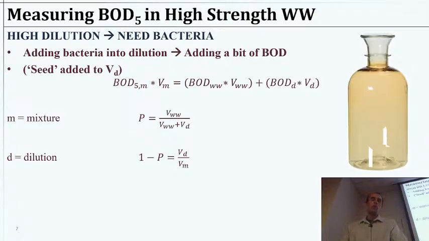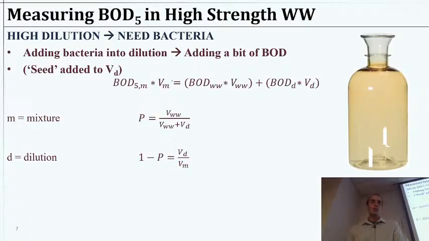So when we make a seeded dilution, we have a little more to account for. This seed that's added to VD will have its own biological oxygen demand. Now it's going to be low enough that overall we are still diluting the wastewater. And overall, we can count our BOD according to a very simple mass balance, right?